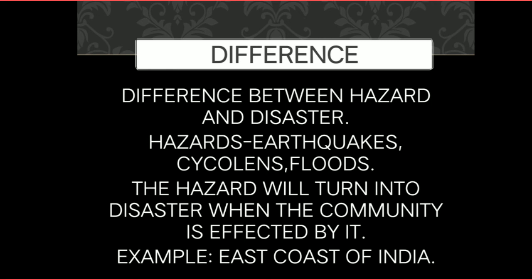In other words, the impact of a disaster is determined by how vulnerable the community is to a particular hazard. Let us take a basic example which helps us understand the concept in greater depth. Let us take the coastal villages on the east coast of India.